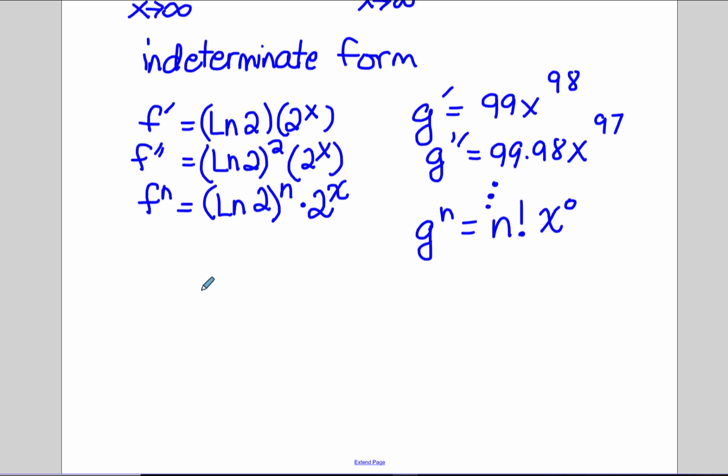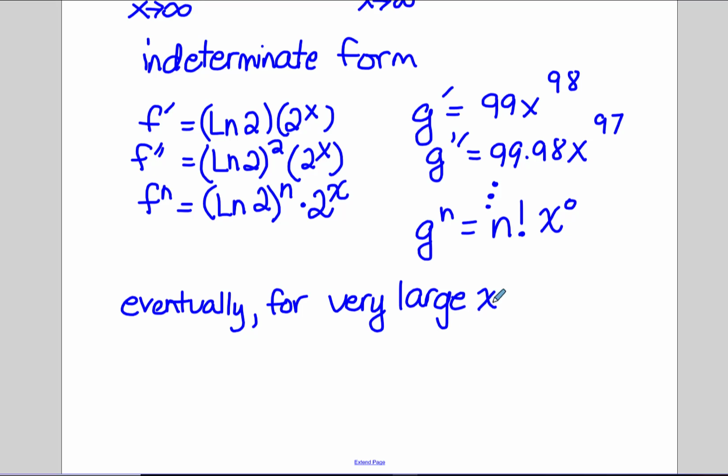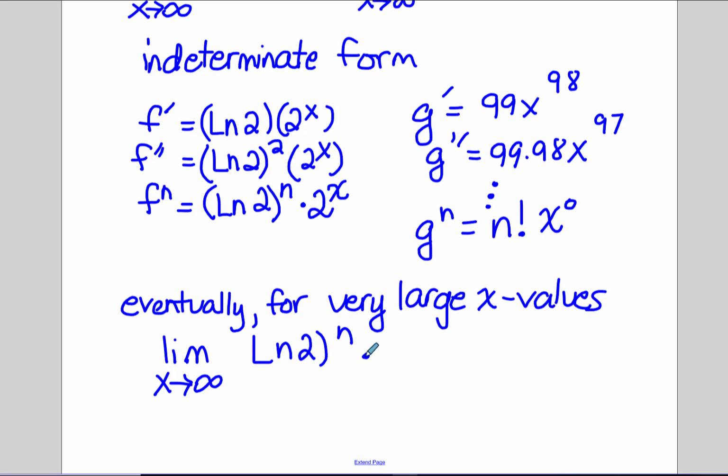So when x gets very large, eventually, for very large x, we're going to get down to the limit as x goes to infinity of the natural log of 2 to some power times 2 to the x divided by n factorial times x to the 0.